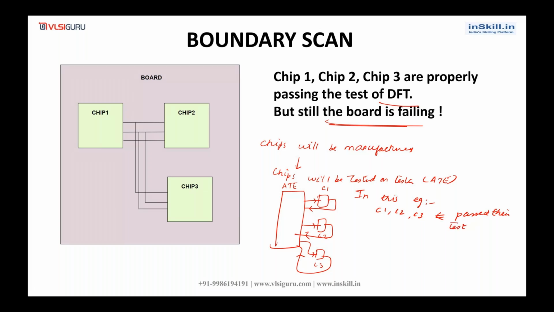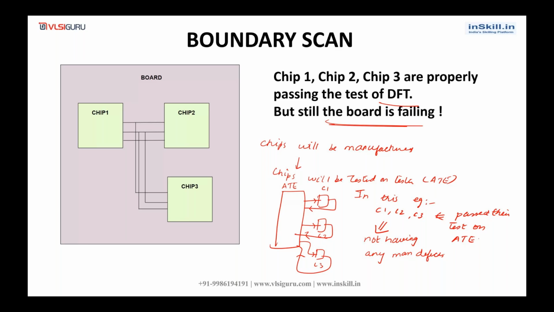If they have passed their test on ATE, what does it mean? It means that they are not having any manufacturing defects. So chip 1, chip 2, chip 3, they have passed their test on the tester, which implies that they are not having any manufacturing defects.